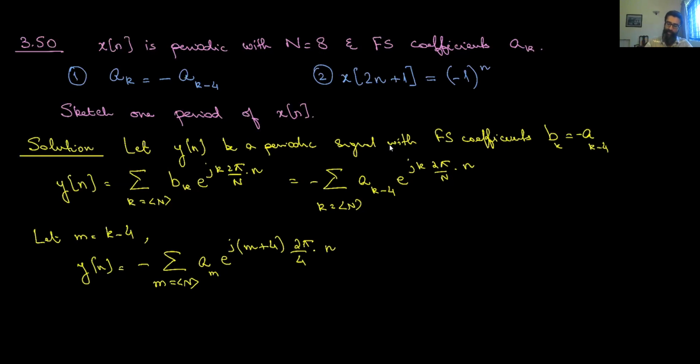Okay. And this is going to turn out to be equal to minus the summation over one period of a_m e raised to the power j m 2 pi by 8 times n, and outside I have e raised to the power j. Actually, I've done something wrong. So this was 8.